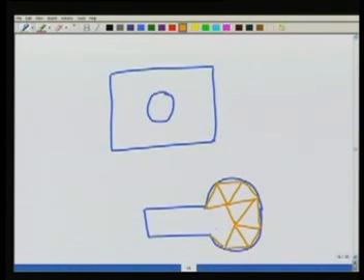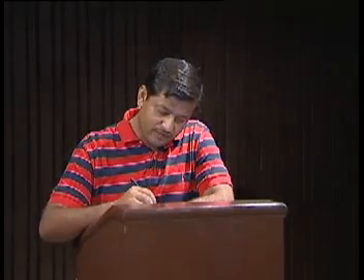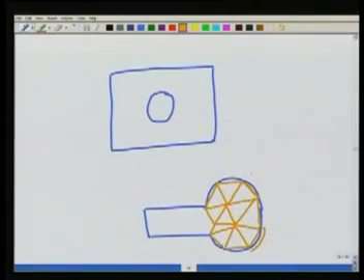So I will be only approximating these curves by straight lines. This is a bad idea, because depending on how coarse or how good is the mesh, if the mesh is coarse, I will be making a lot of error in representing the geometry of the domain. So we would like to have a better representation of the geometry of the domain.